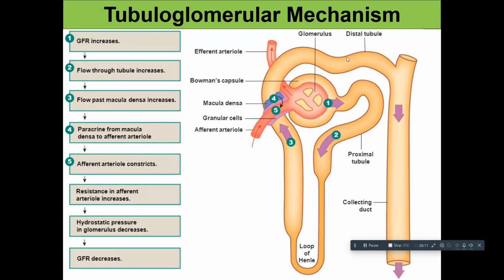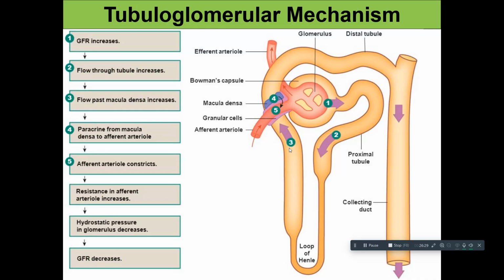Okay, another thing is called the tubuloglomerular mechanism, and let's run through a sequence for that. If glomerular filtration rate increases, the filtrate starts to flow quickly through the nephron.